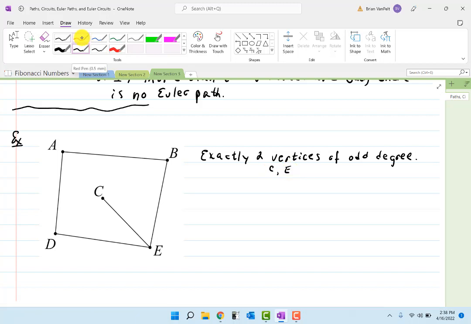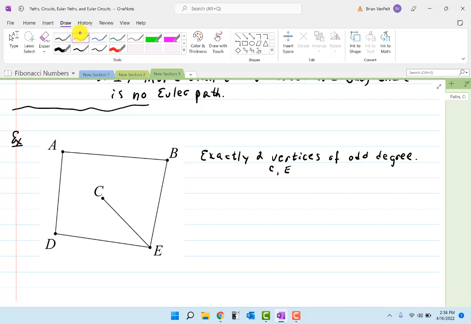So now, the way that you should think of this is because of the little diagrams I drew before, if you start at an odd vertex, you're going to end at the other odd vertex. So a good idea, if you want to try to find an Euler path, is to start at one of the odd vertices. So that's what I plan on doing.